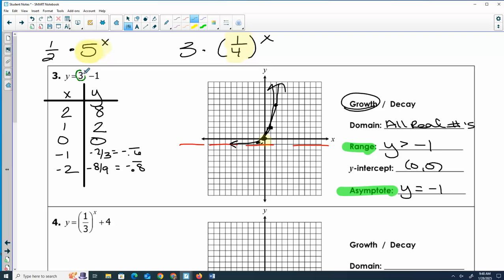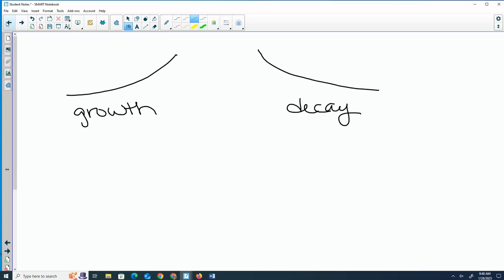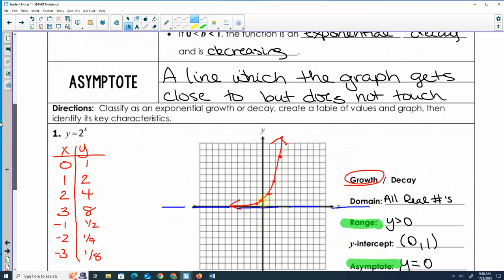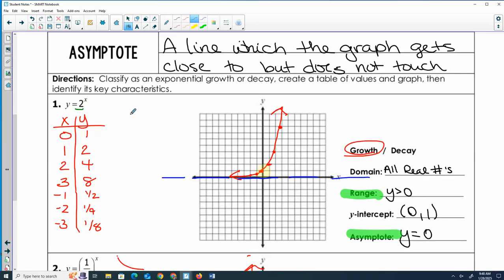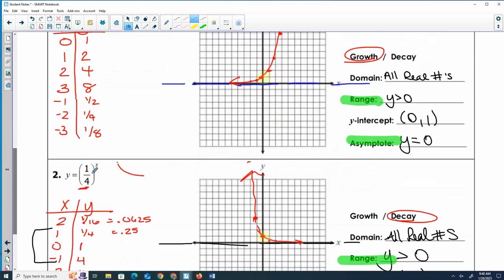So 3 is bigger than 1, so that was growth. When we look at this one, we had 2 to the x. 2 is bigger than 1, so that is growth. We had 1/4 to the x. 1/4 is smaller than 1, so that is decay. So we can look at the equation and know, is it going to be going up or is it going to be going down without doing any actual work.